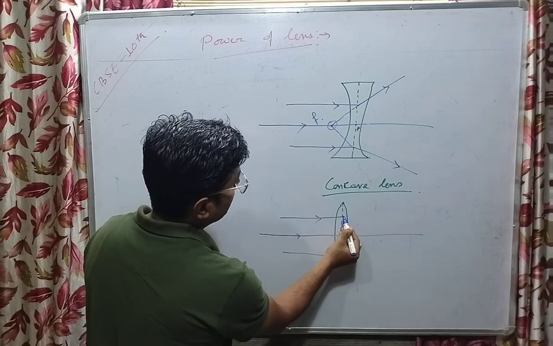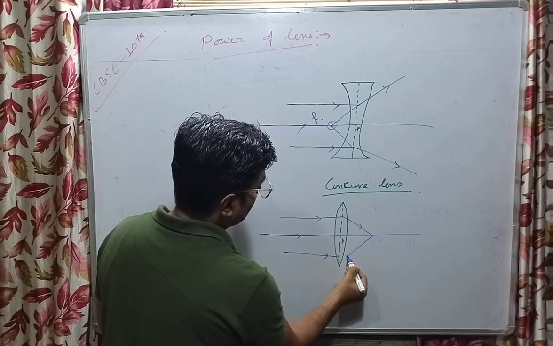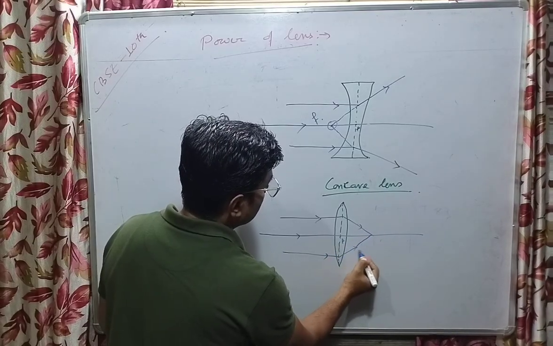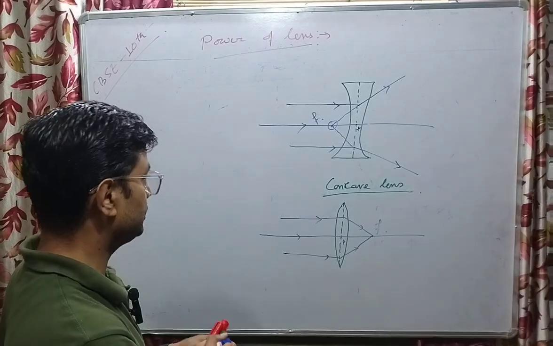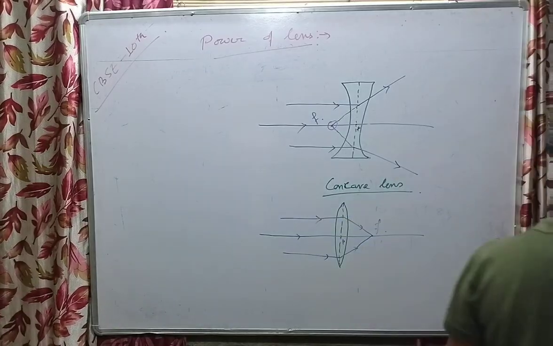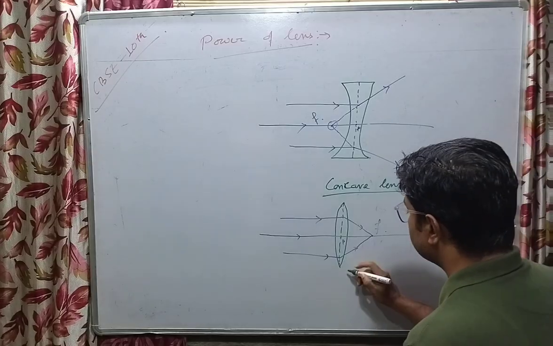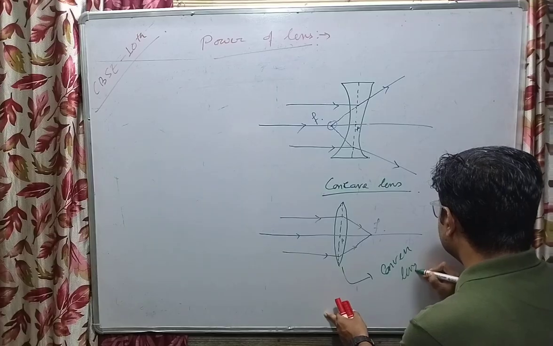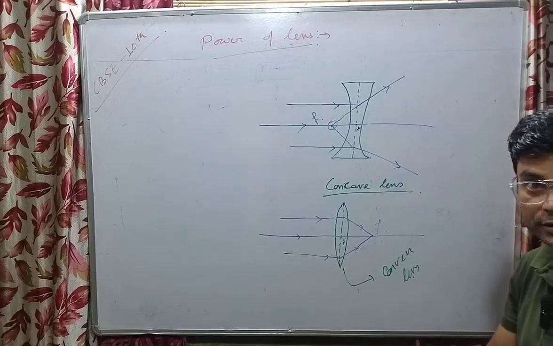These two rays will be refracted into a point behind the lens, and that point is the focus of this convex lens.